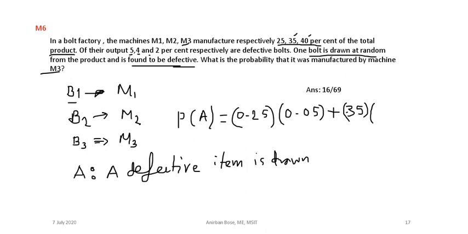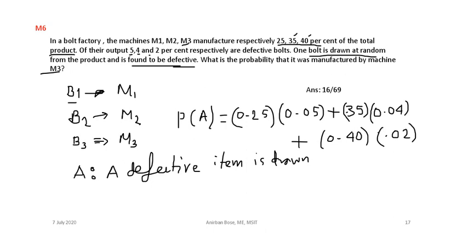That probability is 0.04, because machine 2 produces 4% defective items. Or in the other case, that particular sample may be coming from machine 3, with probability 0.40. If that sample came from machine 3, then the defective probability is 2%, because the defective items produced by machine 3 are 2%. So that item may be defective in this way.